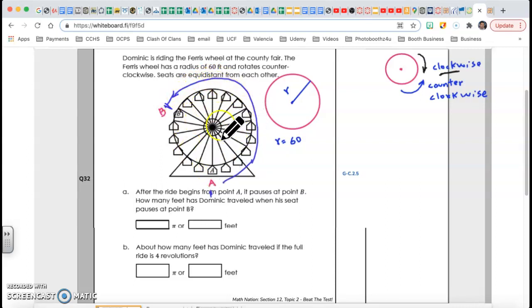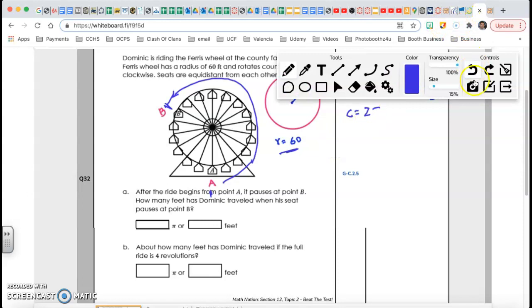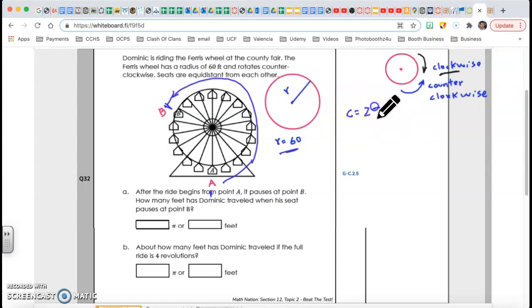We're not talking about area, the inside, we're talking about the perimeter. The perimeter of the circle is called the circumference. So first of all, that's the reason they gave me the radius. So I need to find out what's the circumference of this thing. My circumference is 2 times pi times radius. 2 times pi times radius.